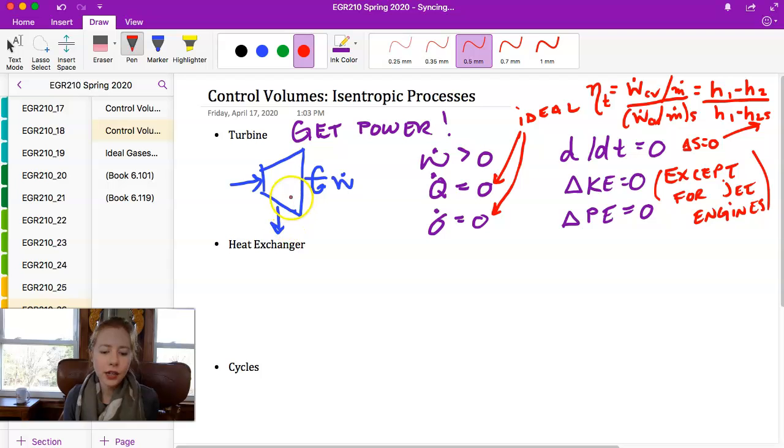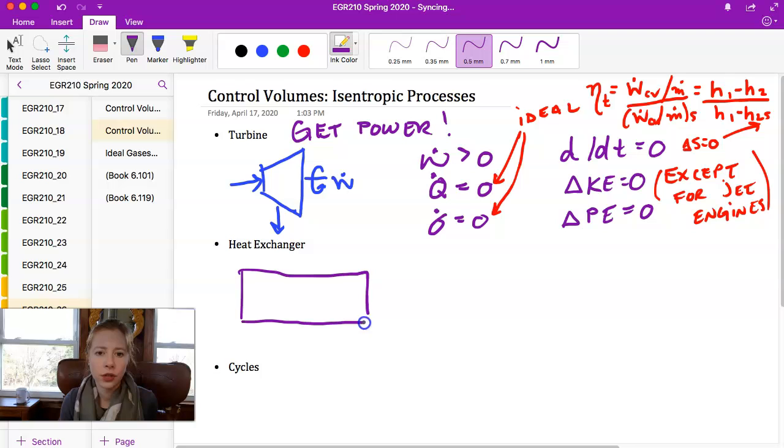Now looking at heat exchangers, it's pretty obvious what their goal is, right? And that is to exchange heat. But if we look at a heat exchanger, we have some higher temperature line, some lower temperature line.